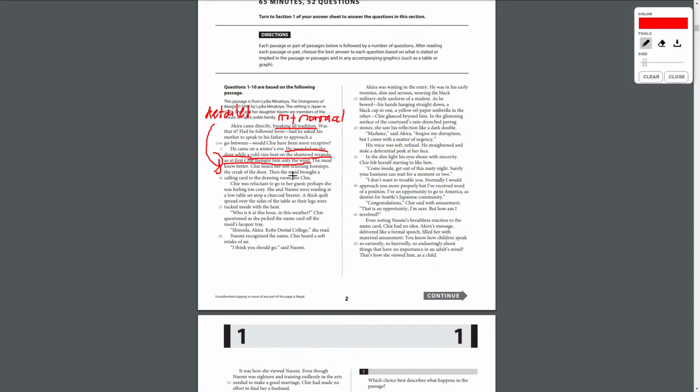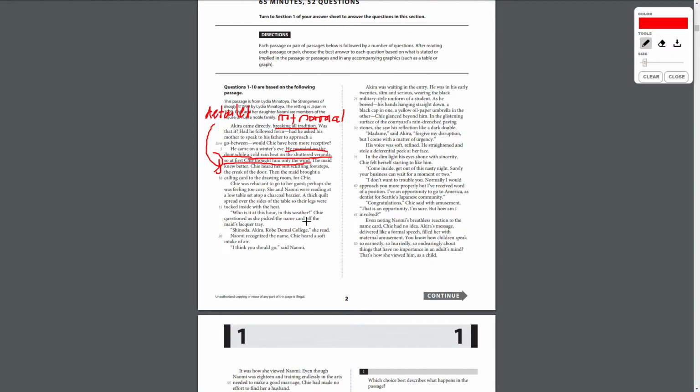The maid knew better. She heard her soft scuttling footsteps, the creak of the door. Then the maid brought a calling card to the drawing room for Chi. Chi was reluctant to go to her guest. Perhaps she was feeling too cozy. She and Naomi were reading at a low table atop a charcoal brazier. A thick quilt spread over the sides of the table, so their legs were tucked inside the heat.